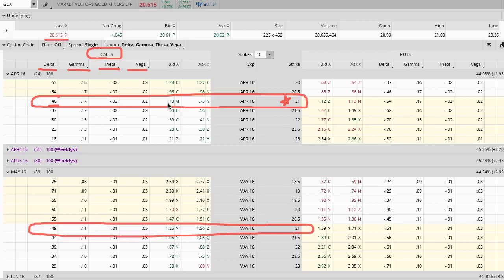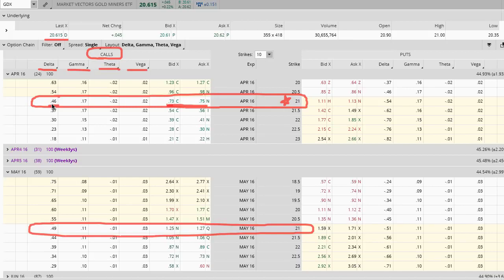The current value of this contract is about $74, that's the bid and ask spread here. So if the stock goes up by $1, this option contract should go up by $46.